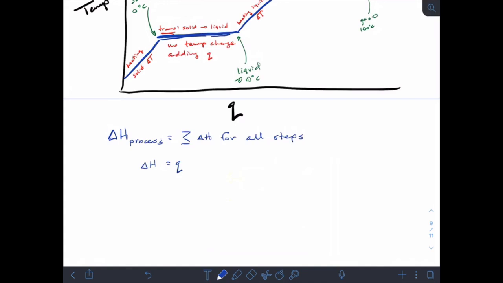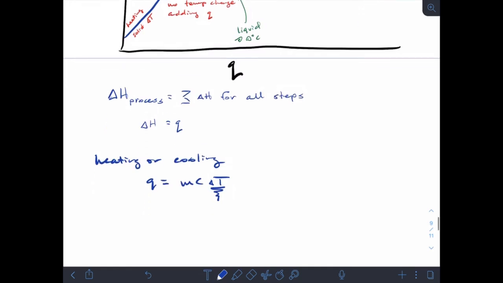So if I'm dealing with heating or cooling, I'm in that stage of things, I have Q equals mc delta T, right? Delta T, change in temperature, is the important part, okay?